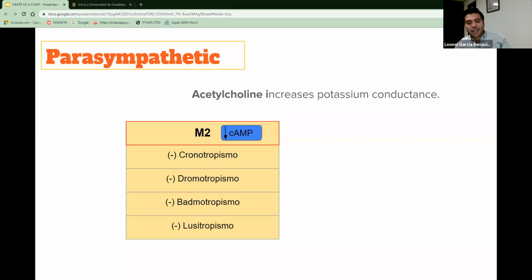By decreasing cyclic AMP, you make the calcium channels open even slower. So the rhythmicity is going to go slow. The rhythm is going to decrease. That's why we say that parasympathetic stimulation of the heart causes chronotropism, dromotropism, inotropism, and lusitropism to go down.